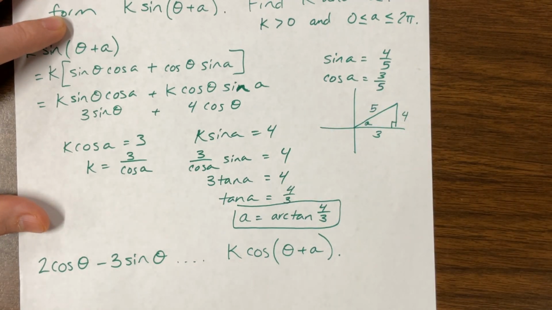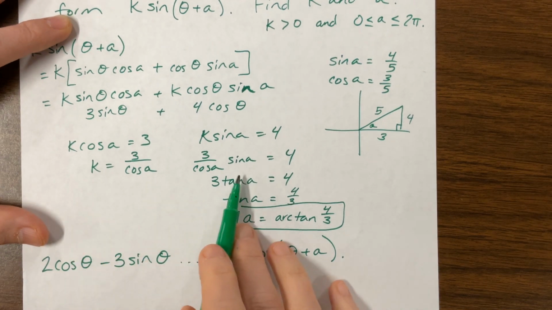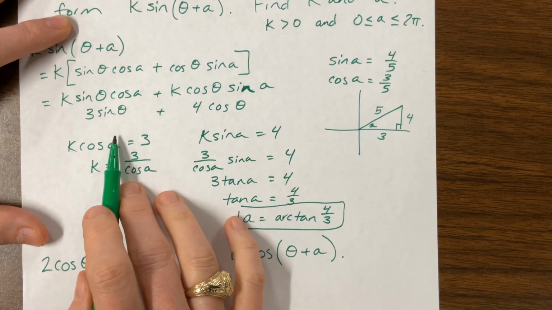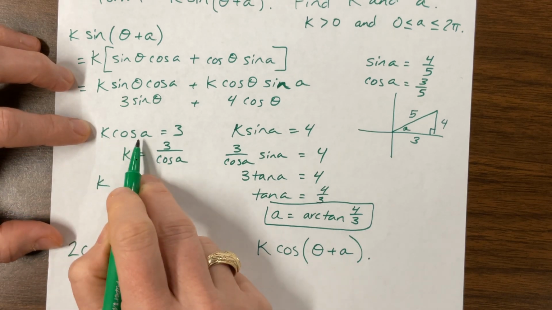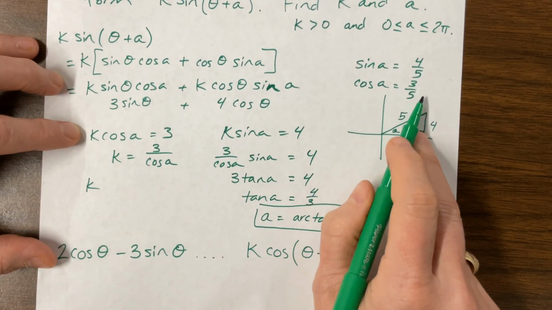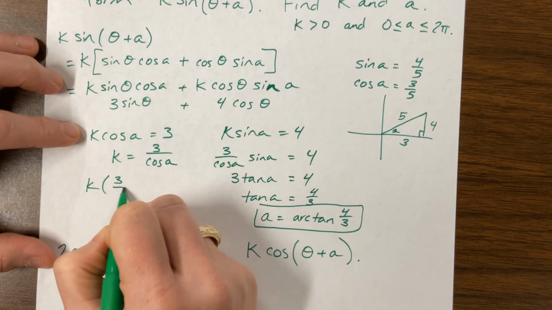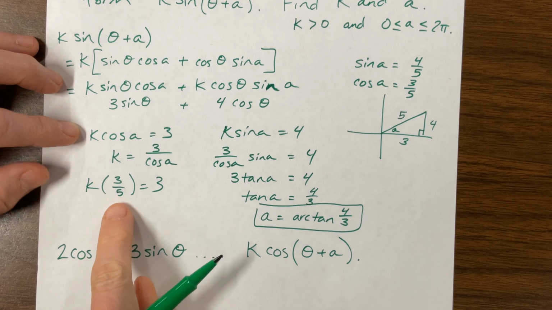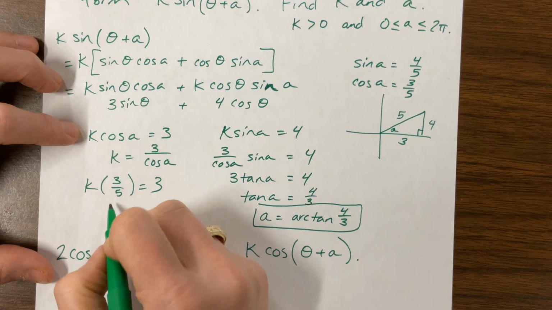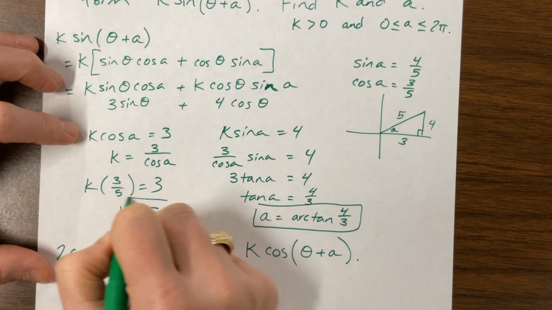I can come back and solve for k using either of these equations. I have k times cosine of A. Do I know cosine of A? I do. K times 3/5 is equal to 3. So multiply by the reciprocal, 5/3, the 3's cancel, and I have that k is equal to 5.